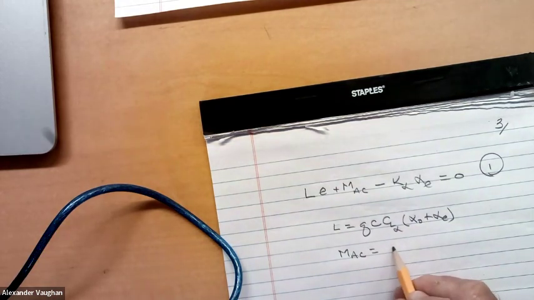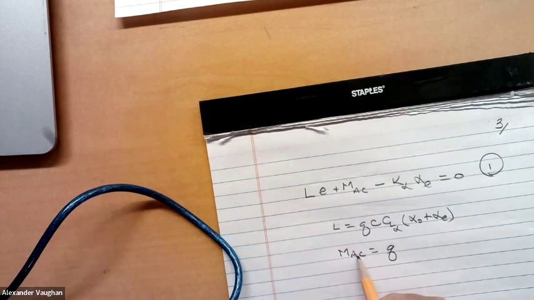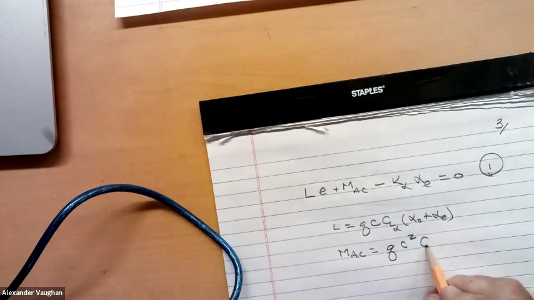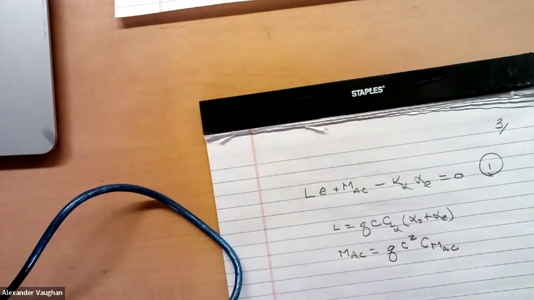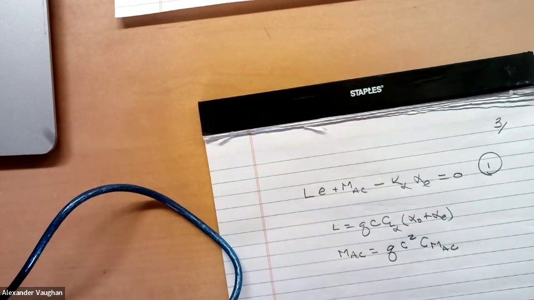So I could also write this in a non-dimensional form. Now this is a moment, this is a force, so it needs to be Q times C squared times some non-dimensional number. I'll call it CMAC. Now, what is CMAC, you might ask?